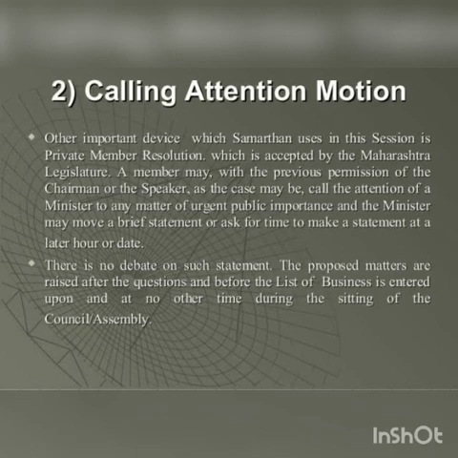This is done to call the attention of a minister to any matter of urgent public interest or importance. So these were some of the important parliamentary devices that you have to understand in this chapter.